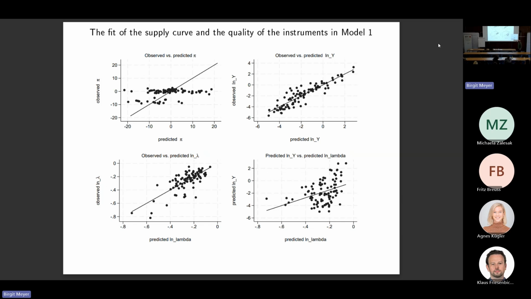You see that works quite well as an instrument. Then you see the lambdas. Again, not that bad, but not that good. And here you see that they are correlated. But this was really surprising. And you see the regression actually has no predictive power at all.